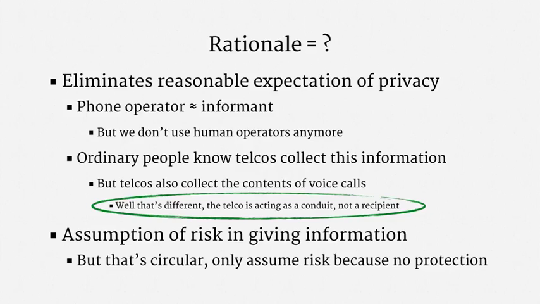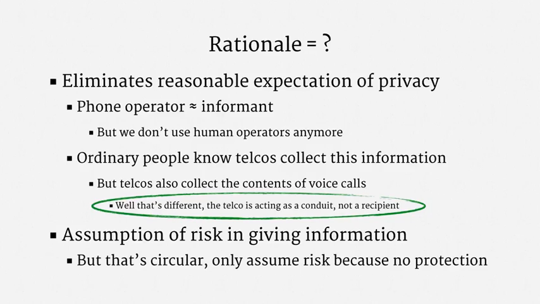A person runs the risk of their phone company sharing information with the government if and only if the law allows that sharing. So, assumption of the risk is a rationale that does get invoked for the third-party doctrine, but it's really more of a consequence of the doctrine.